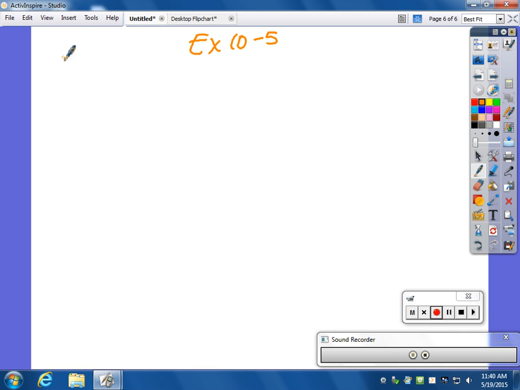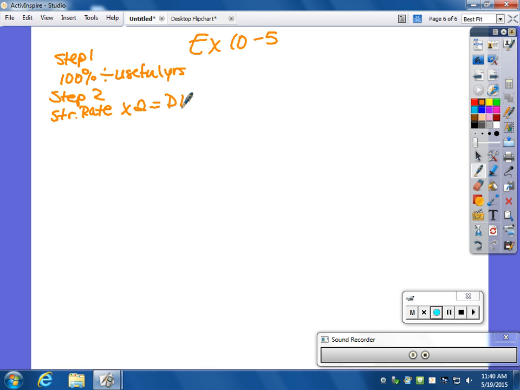Step 1 is 100% divided by the useful life in years. Step 2 is to multiply the straight line rate by 2. The straight line rate needs to be multiplied by 2 to equal the double rate, right?